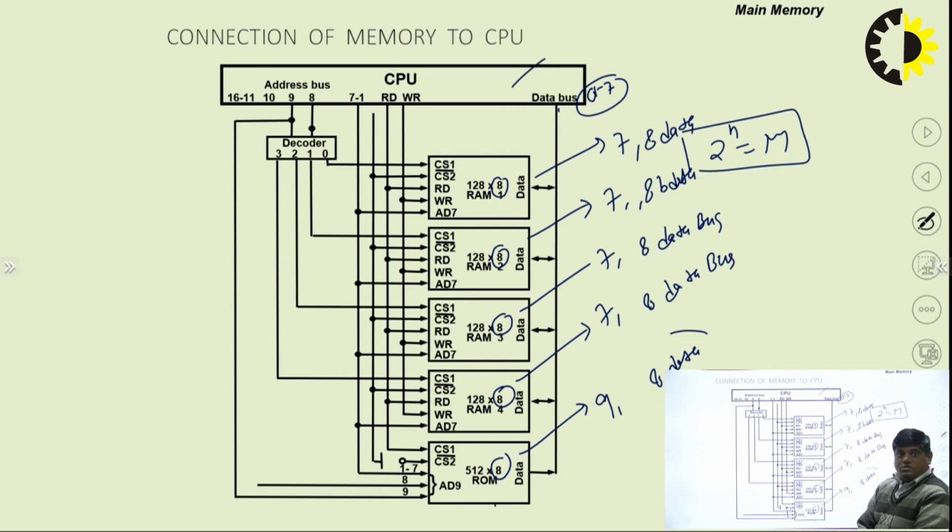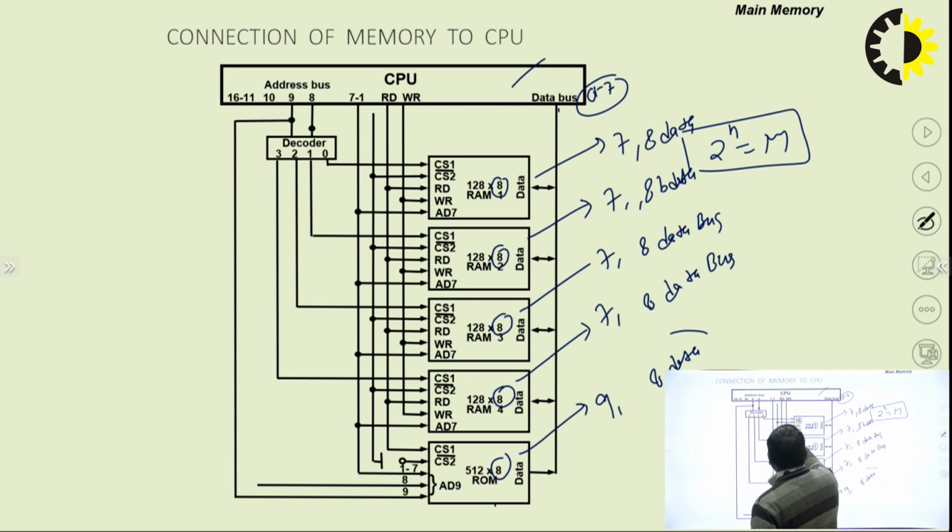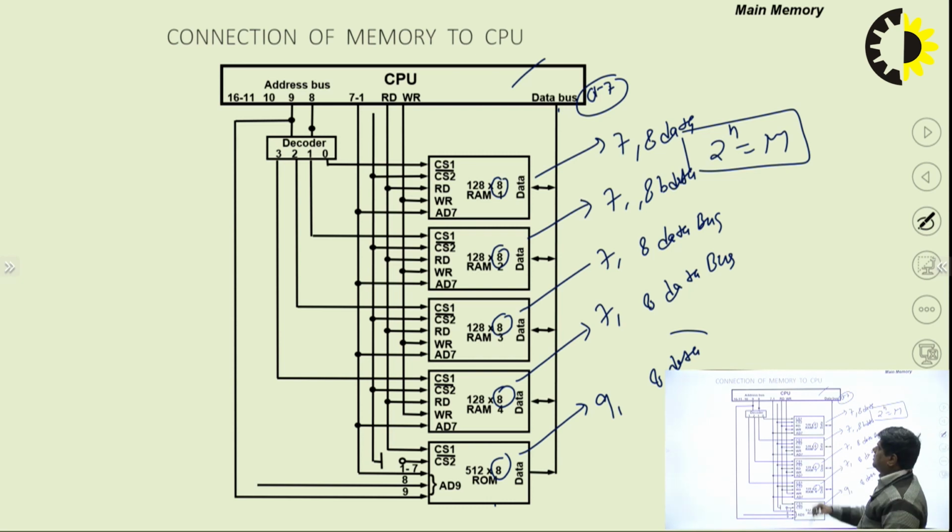The CPU also consists of a read pin and write pin, and the function of the read and write pin of the CPU is to perform the read operation and write operation. Now the read pin of the CPU, just see here, is connected to the read pin of the RAM chip 1, RAM chip 2, and RAM chip number 3.